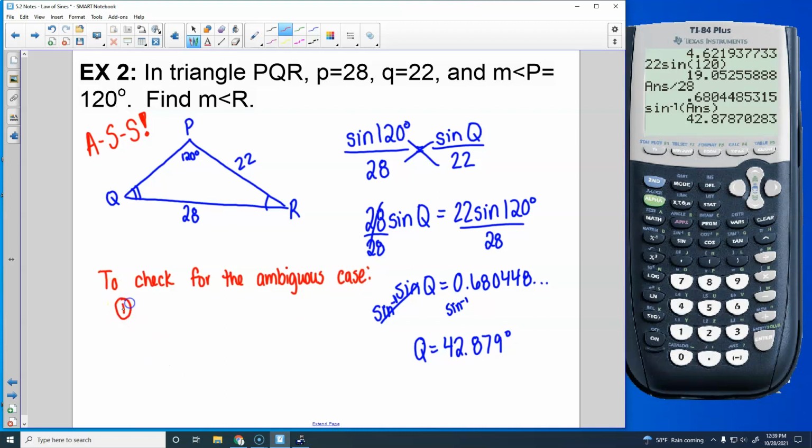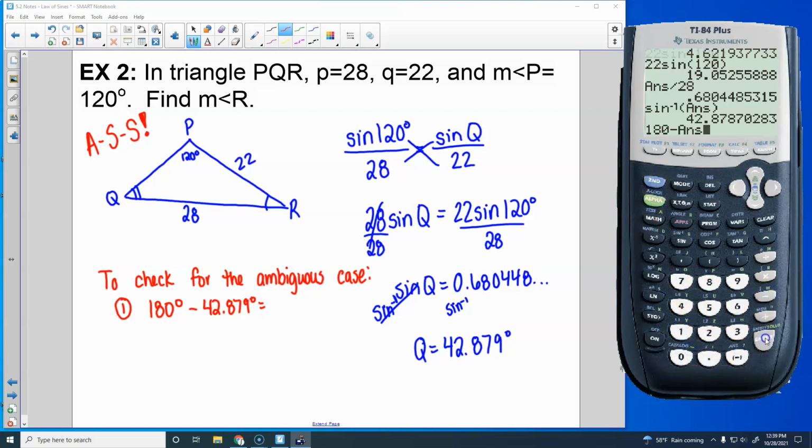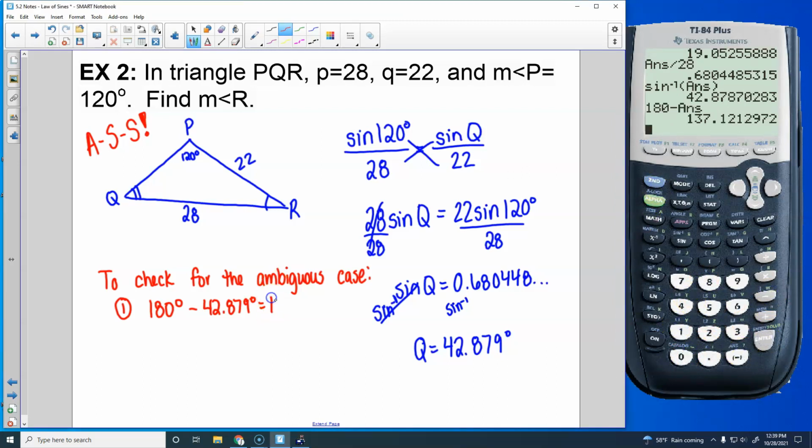The first thing we're going to do is take 180 degrees minus the angle that we just found, 42.879 degrees. So if I do 180 minus this number, I'm going to get 137.121 degrees.